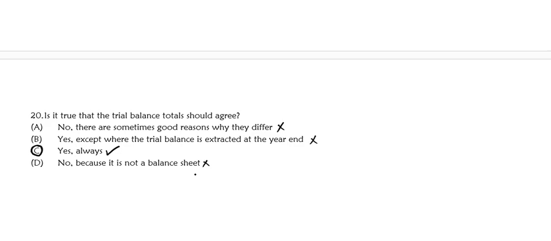Those are the multiple choice questions. Of course, now these questions test better your understanding of principles of double entry, rules, accounting equation.